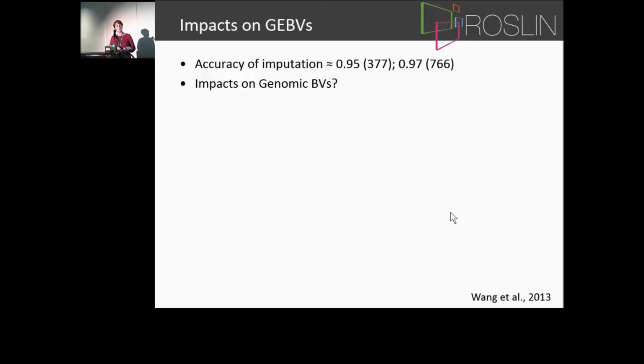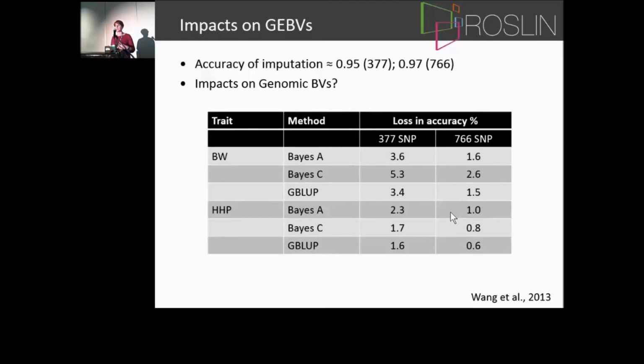And we were further encouraged when we went on to look at the impact of these imputed genotypes on the accuracy of genomic breeding values. We could see that the accuracy of the imputation was really the upper limit on any loss of accuracy on the genomic breeding values.